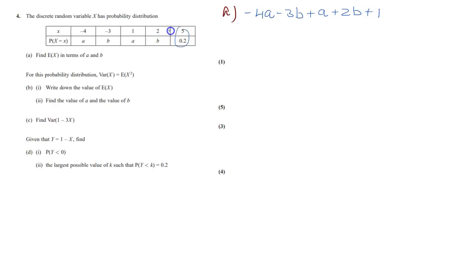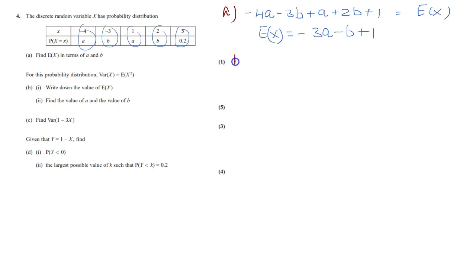I'm just multiplying this: 2B, 1A, minus 3B, minus 4A. So this is our E(X). So E(X) is equal to minus 3A minus B plus 1. So it is in terms of A and B.